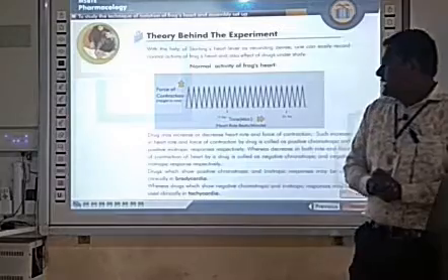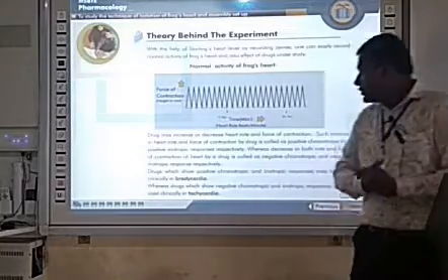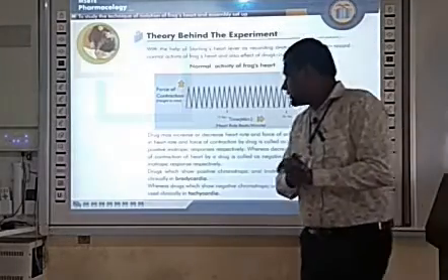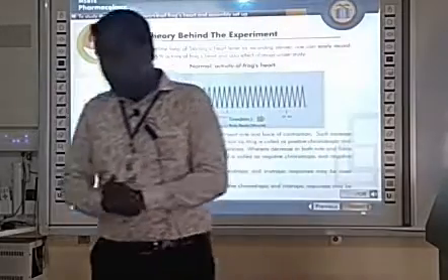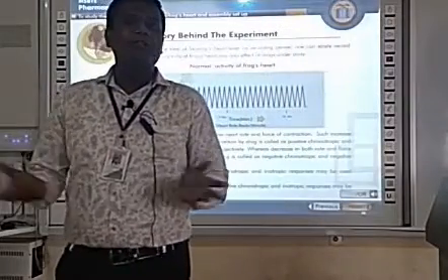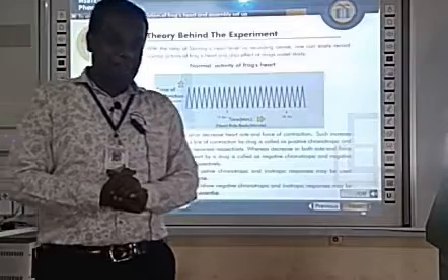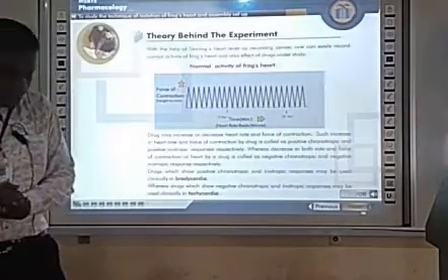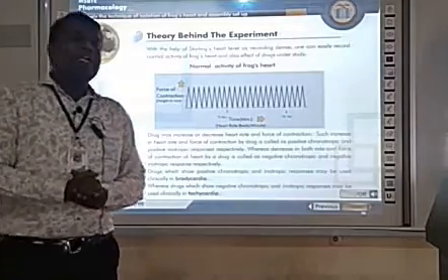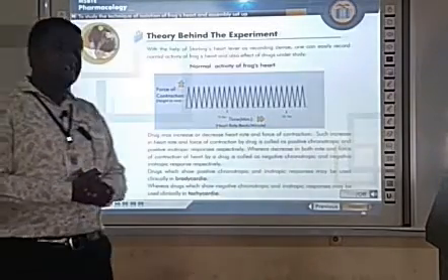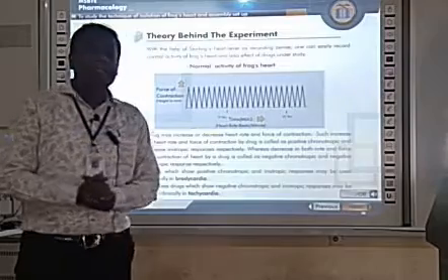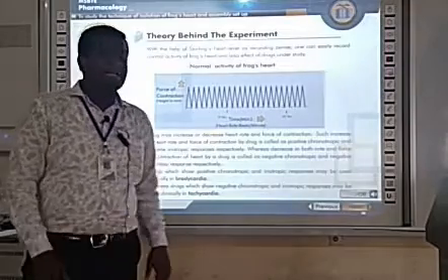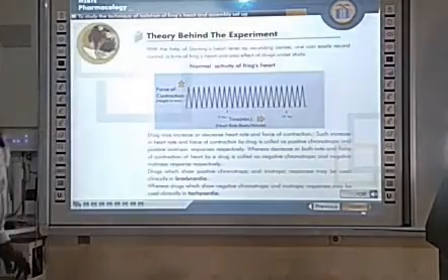Drugs which show positive chronotropic and positive inotropic responses are clinically used in bradycardia, and drugs which show negative chronotropic and negative inotropic effects may be used clinically in tachycardia. So that is the theory behind the isolation technique of the heart.